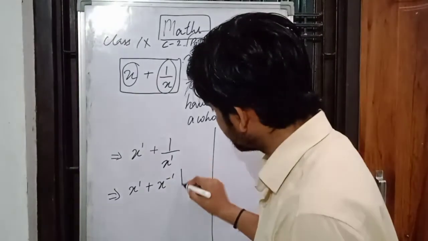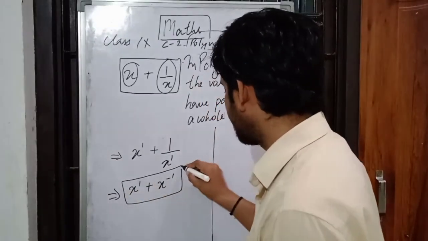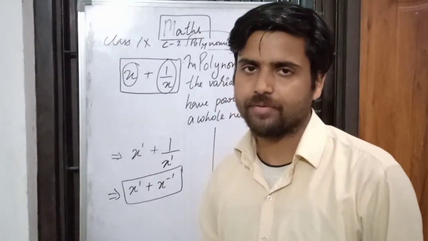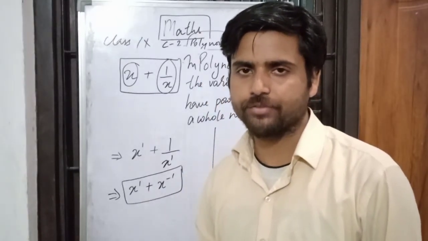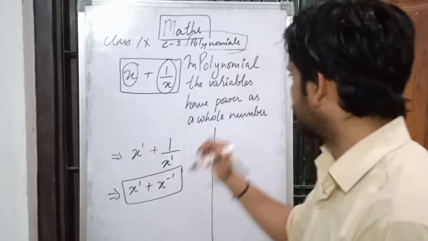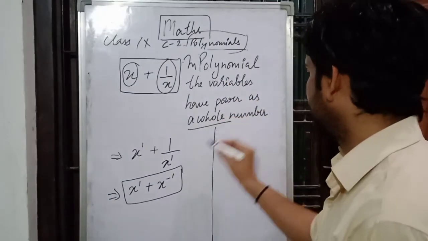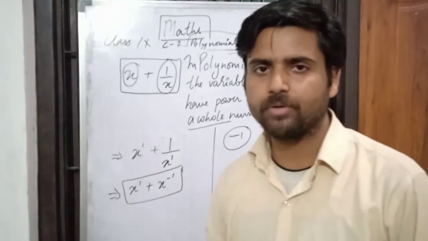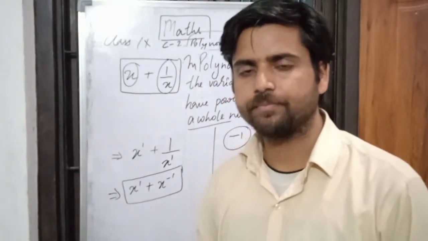So in this expression, one variable is such that its power is a negative number, and a whole number is never negative. The condition is that it should be a whole number, and minus 1 is not a whole number. It's a negative number, or you can say it's an integer.